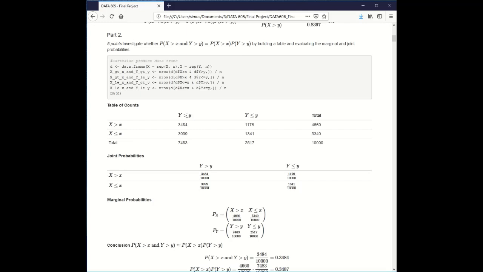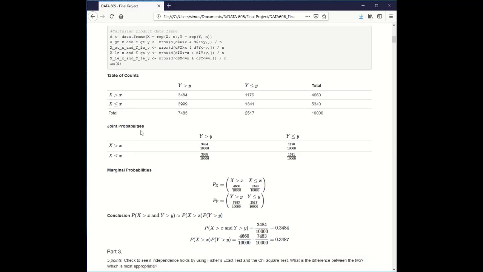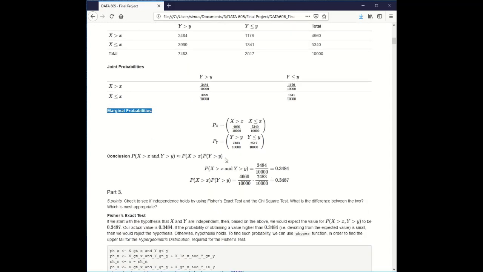For example, the count of 3,484 is for those values of x which are greater than little x, and at the same time those values of y which are greater than little y. Given that table of counts, it was pretty trivial to find joint and marginal probabilities, and I provide the formulas for those as well.